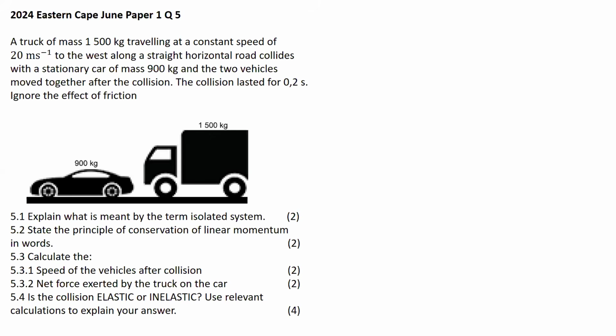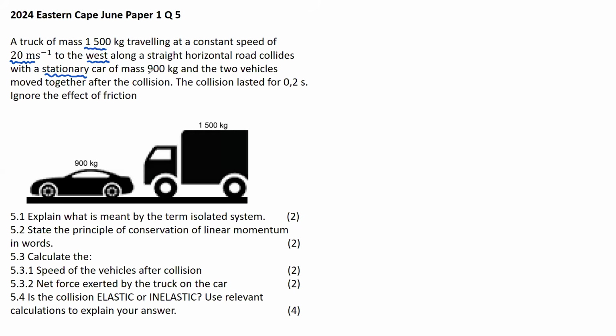So in questions, they give you the information, then they also give you the diagram. From the information, the mass of the truck, 1,500, is moving at 20 meters per second to the west, and I can even see the direction on the diagram. It's going to collide with the stationary car. When a car or object is stationary or at rest, its initial velocity is 0.